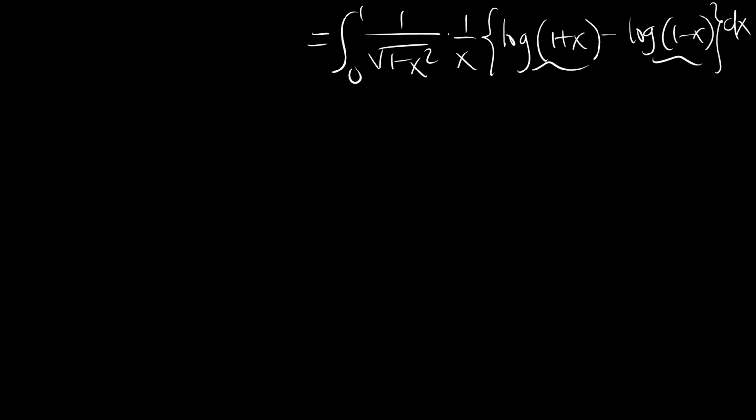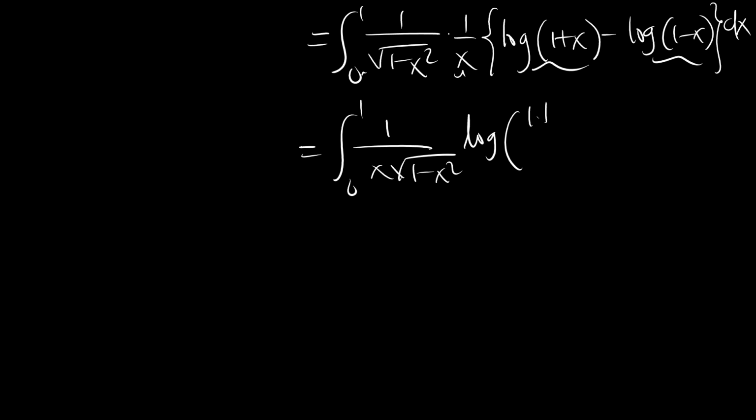And we can actually use the rules of logarithm there to say that we have the integral from 0 to 1. Let's pull this here. So we have 1 over x square root of 1 minus x squared times the log of 1 plus x over 1 minus x. Okay, so this is becoming tractable.